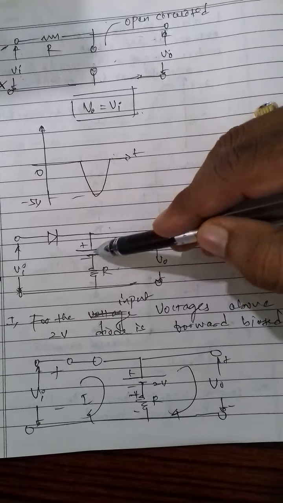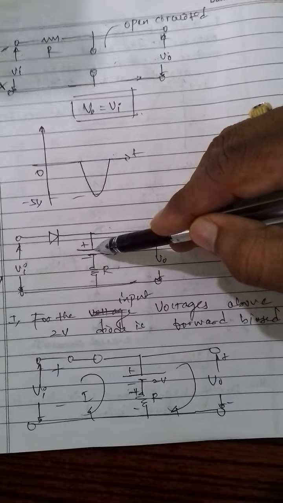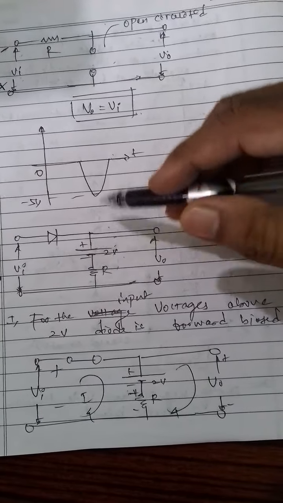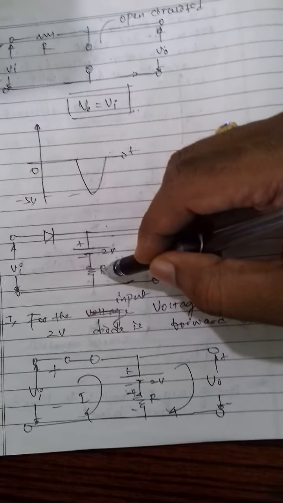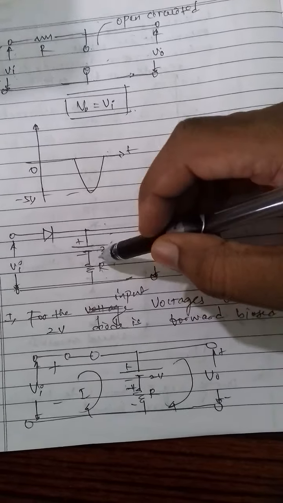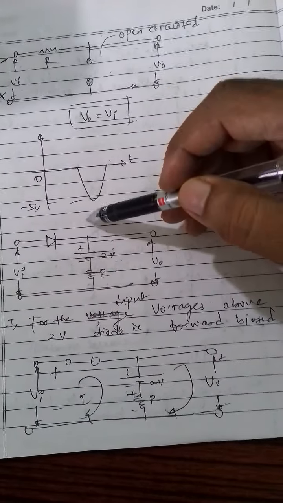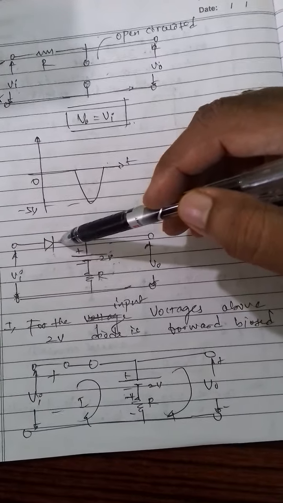Here a 2 volt supply is used in series with the resistance, and it is a series clipping circuit.